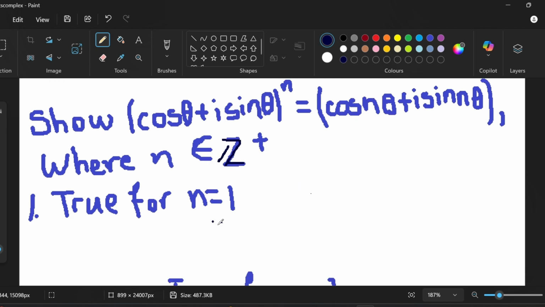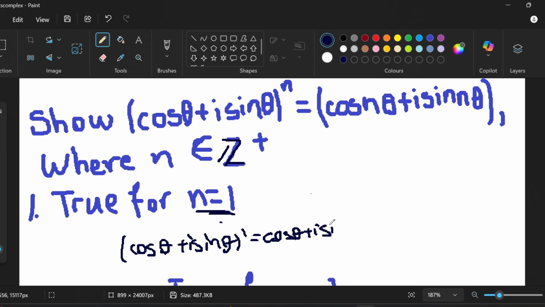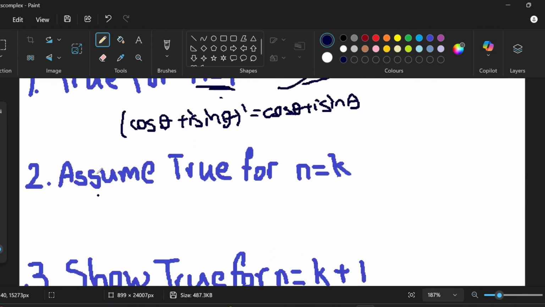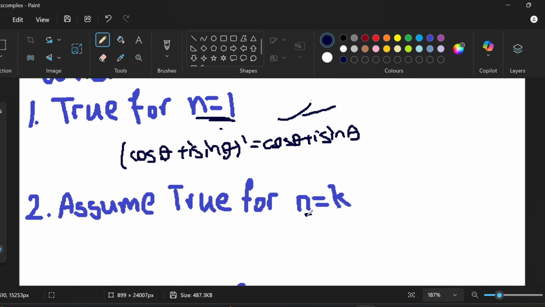So first, we're going to show that this is true for when n equals 1. So we have cos theta plus I sine theta to the power of 1 is equal to cos theta plus I sine theta. And this is true. So we're going to make an assumption that if n is equal to any k, this is true also.